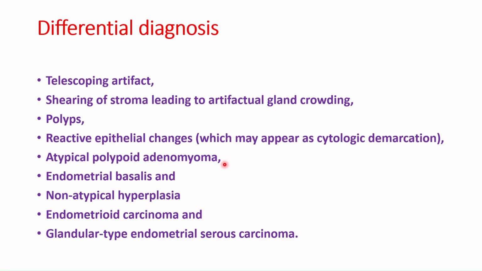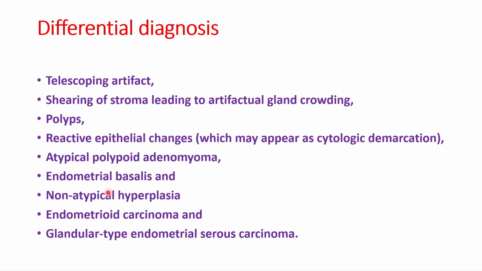Atypical polypoid adenomyoma, that we have already discussed in previous video. So at that time we have to see whether this atypia is focal or comparable with these features. Now endometrial basalis, non-atypical hyperplasia, endometrial carcinoma, and glandular type of endometrial serous carcinoma.